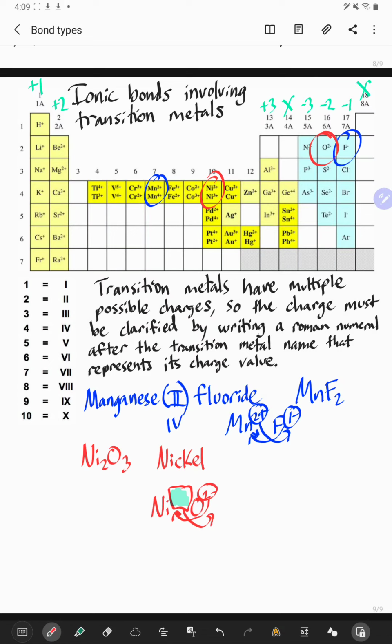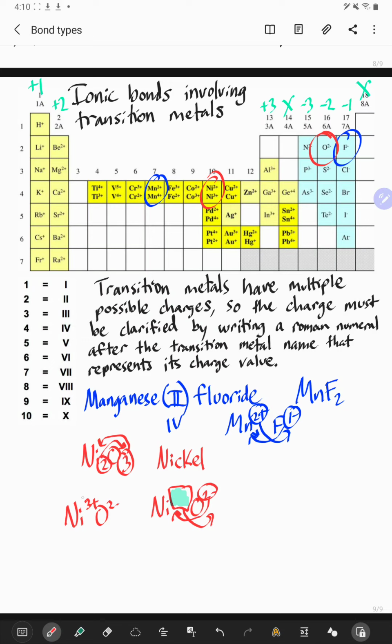Or better yet, another way to approach this is I could do the opposite for what we have right here. I could take this 3 and move it right here, and I could take this 2 and move it right here. So we're going to get nickel with a +3 charge and oxygen with a -2 charge.